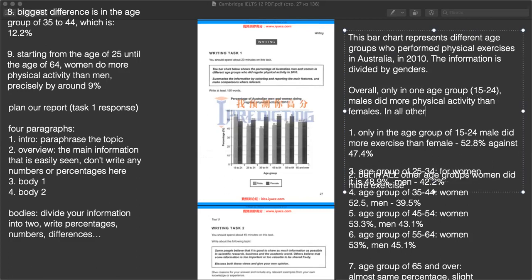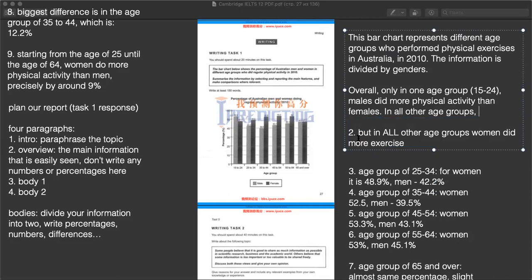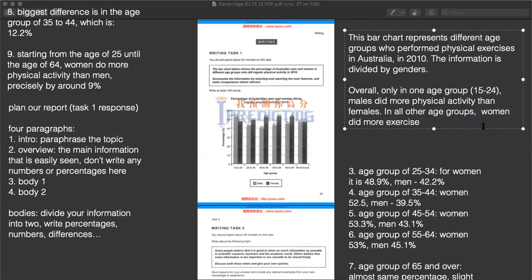In all other age groups, women did more exercise.